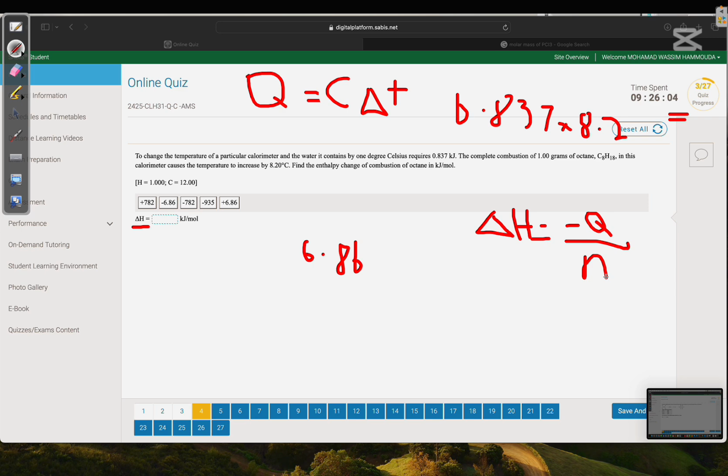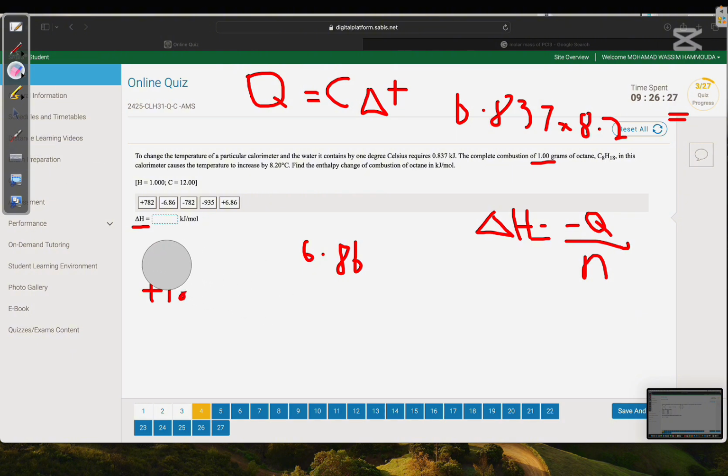So now to find the moles, they gave us the mass of octane, right? And the molar mass. The molar mass is 96, which is 12 times 8, plus 18. 96 plus 18 is 114.